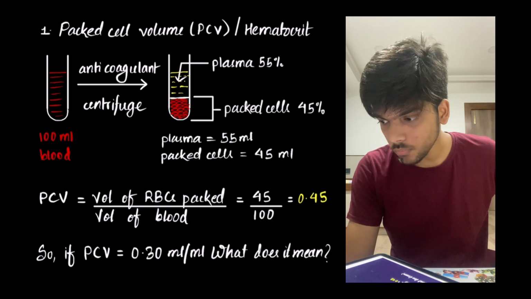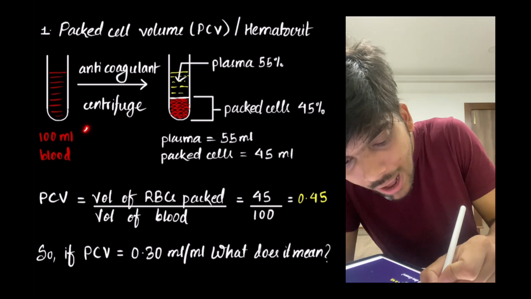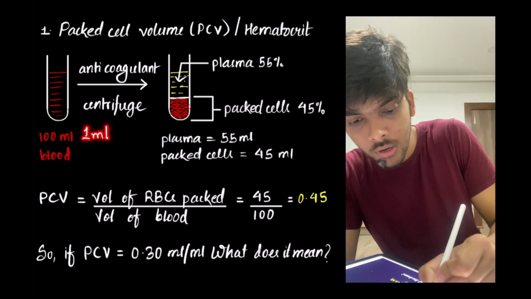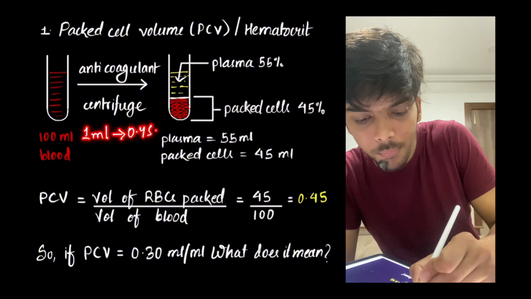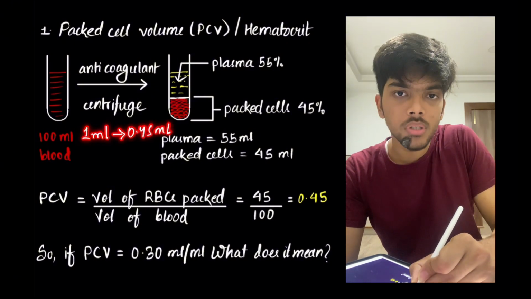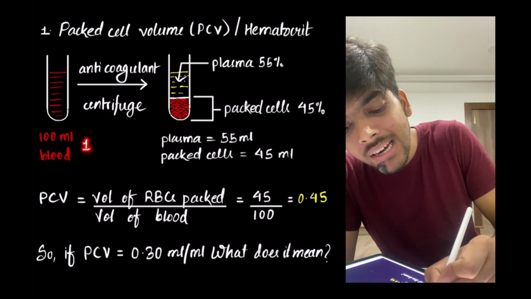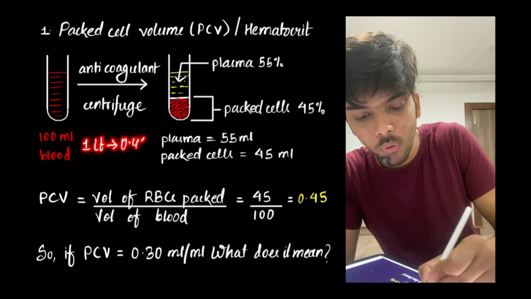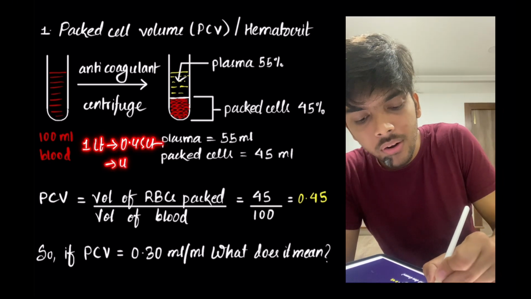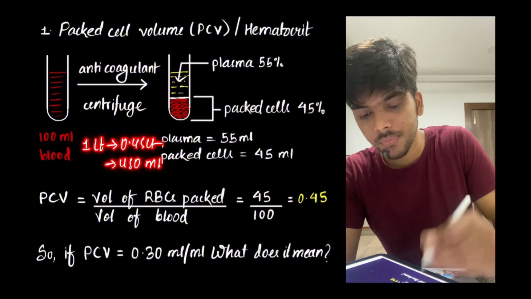What does this mean? If we take 1 ml of blood, 45% of 1 ml, which is 0.45 ml, is going to be composed of red blood cells. If we take 1 liter of blood, 45% of 1 liter, which is 0.45 liter or 450 ml, is going to be composed of red blood cells.